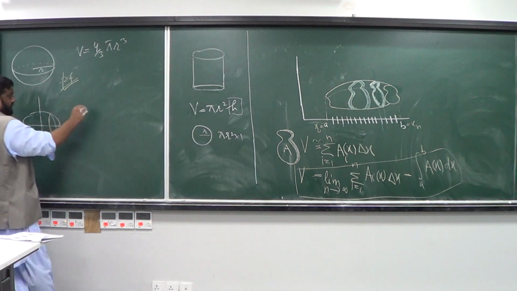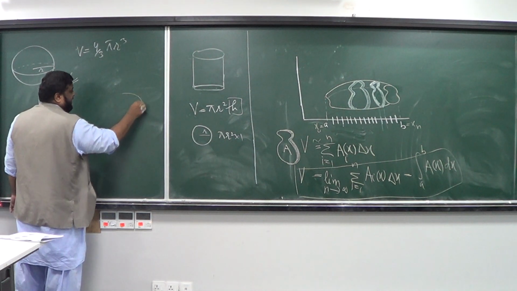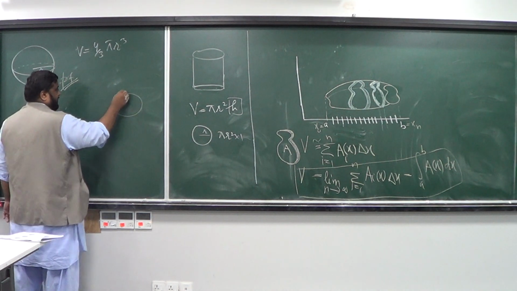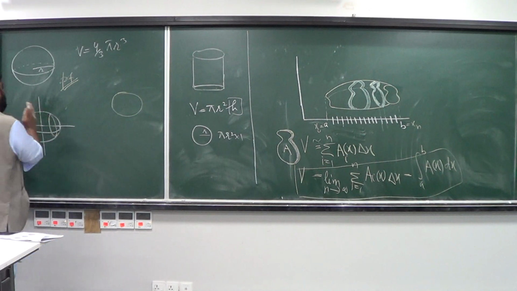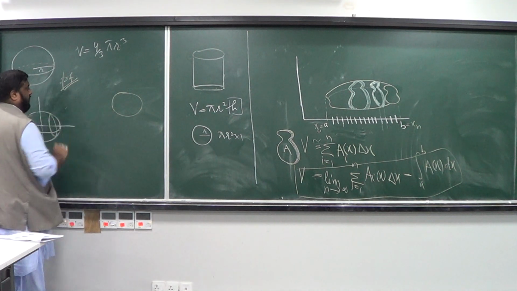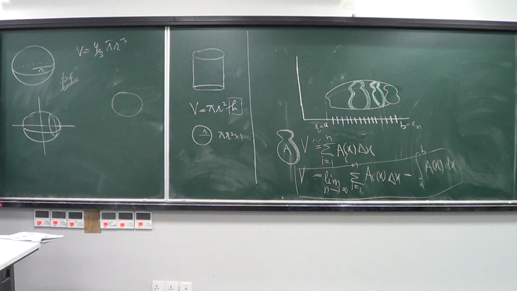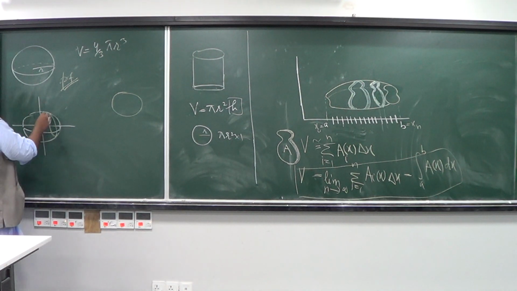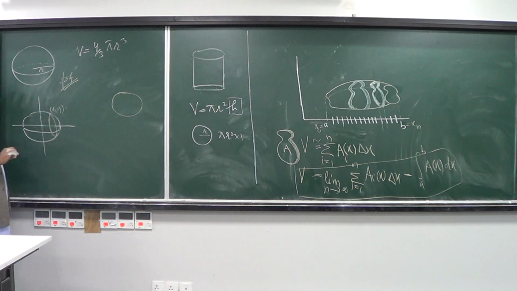So let me make this disc here as well. This is the side view, and this is the top view of it. Now, what are the essentials of this disc? By the way, if this point has coordinates xy, what would this distance be?